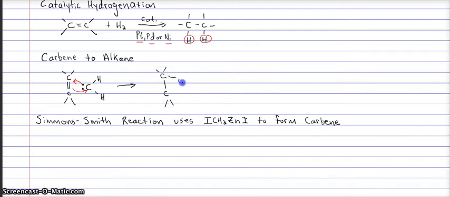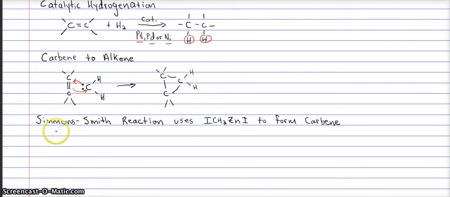Now we have our carbon from our carbene attached, and we'll get this cyclopropane, which is highly unstable and will react right away in the next step of whatever reaction you use.